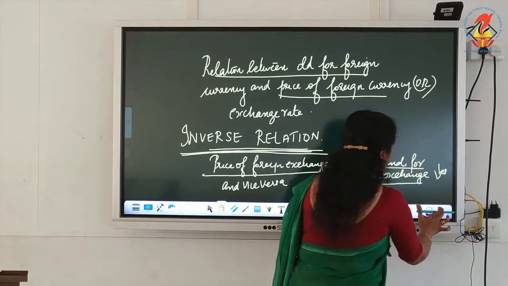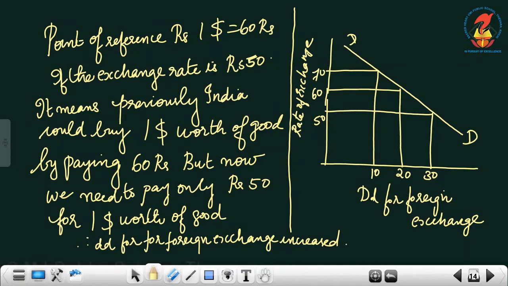Now, we can prove this with the help of an example. I have drawn a demand curve over here. The rates of exchange are given as 60, then 50 and 70. These are three rates of exchange I have given, where $1 is equal to 50 rupees, $1 is equal to 60 rupees and $1 is equal to 70 rupees.